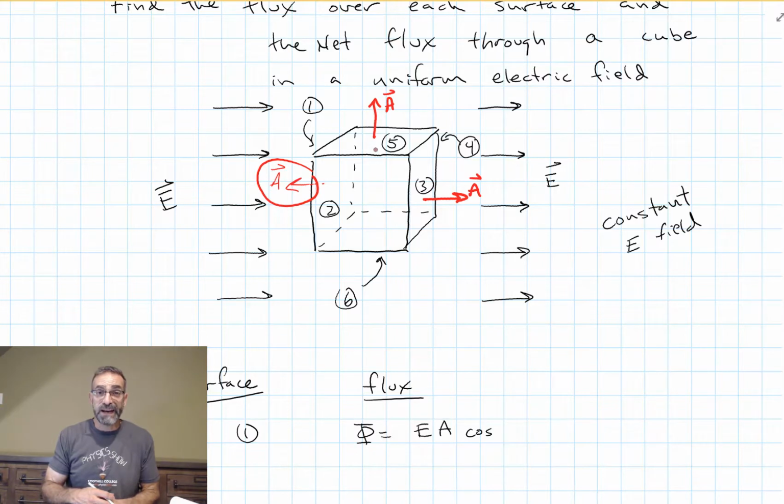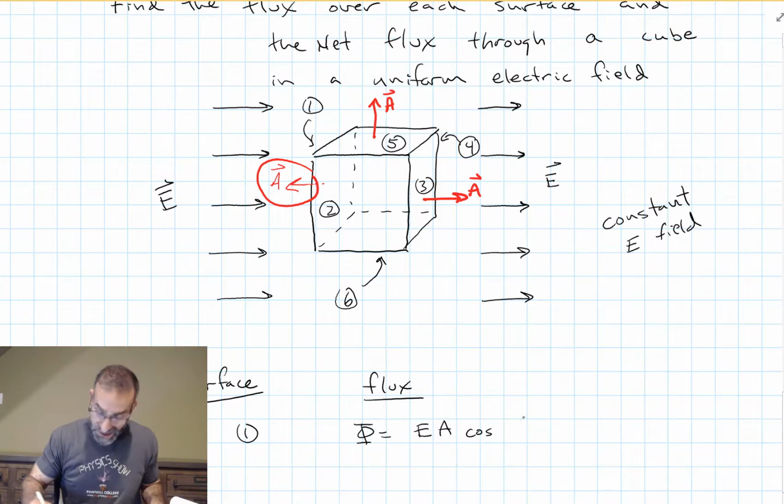You can stop the video and go back and check your answers, and then you can come back and see what we get. So for side 1, I've got E times A times the cosine of 180 degrees. I've got negative EA.